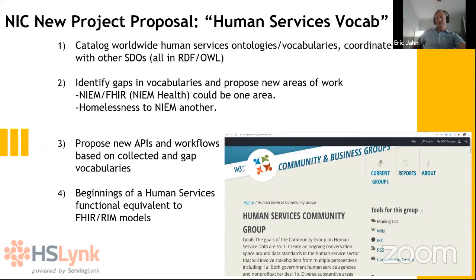So this would essentially lead us to a human services functional equivalent to the FHIR and RIM models. You know, something that would be able to interoperate much better than the different representations of models that exist out there in different formats in human services. And also for NIEM, which is broader than human services.